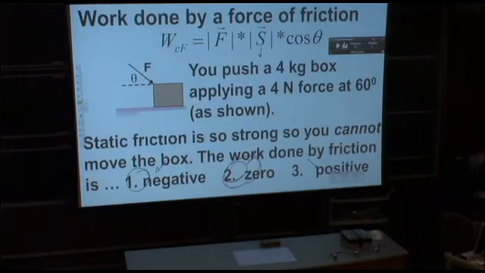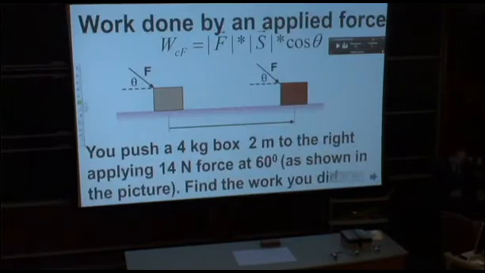Okay? Moving on. Now we are applying a force strong enough, 14 newtons, to make it move. And now we need to calculate the work done by us. So again, the free body diagram shows four forces acting on this box.